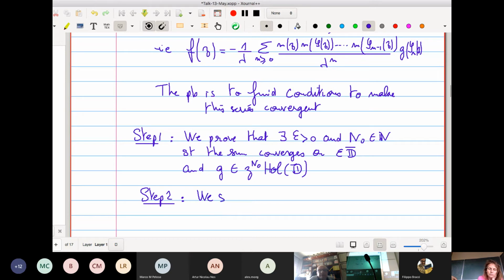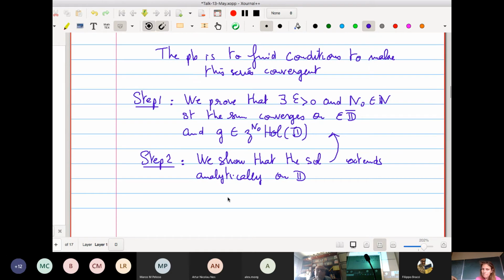So we show that the solution here extends analytically on D. But again, it's just for the g in this subspace of O.